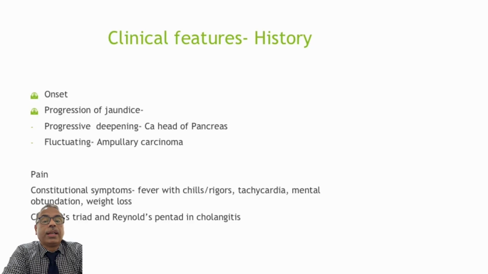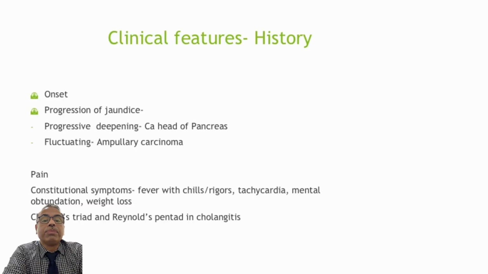So fever with chills and rigors, biliary colic, and presence of jaundice is classically what we call Charcot's triad. If you add mental obtundation, that means the patient becoming disoriented and confused, as well as hypotension where the systolic blood pressure goes below 90 millimeter of mercury, to these three symptoms, then we call that Reynolds' pentad.